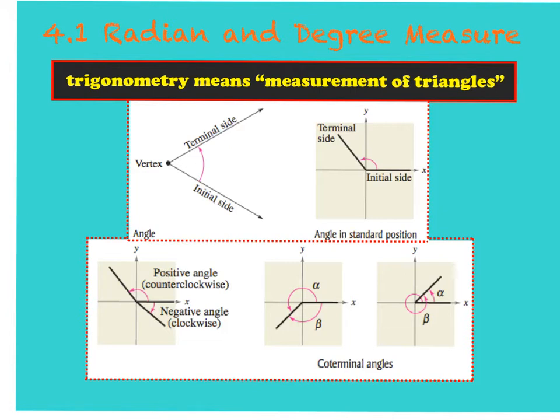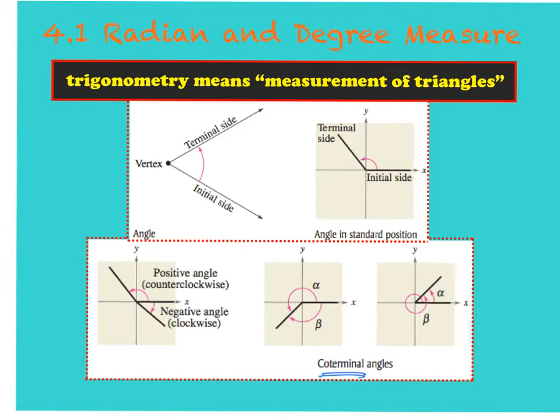This is what we're going to be talking about a lot. If you end up at the same angle a different way, those are said to be coterminal angles. That's a very important vocab word. For instance, this alpha is our positive angle, this beta is our negative angle, and they end at the same angle, which are called coterminal angles.